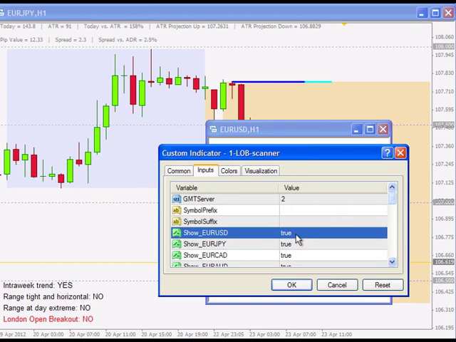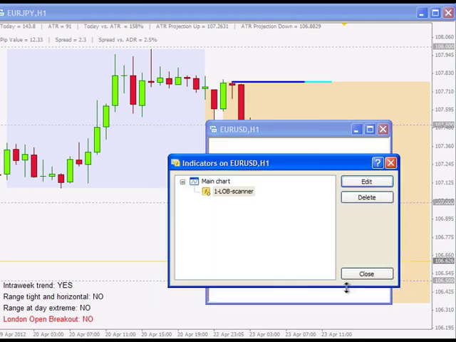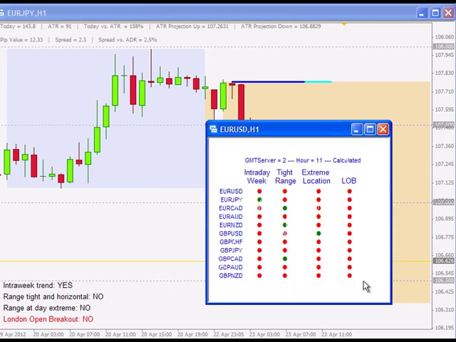That means all the euro crosses and the sterling pound crosses, but not the euro against the sterling pound and the euro against the CHF. Okay, so all the currency pairs suitable for the London Open Breakout strategy, toggle them to true, and all the rest leave them to false right there. Okay, and that's basically it. That's how you configure the scanner.